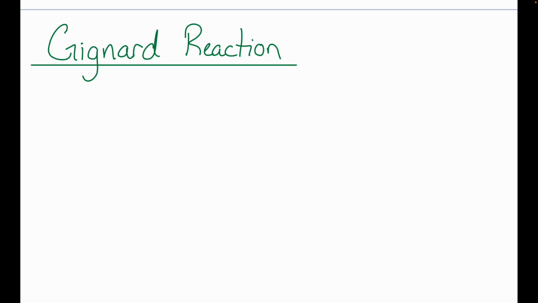This is in our preparation of alcohols section, so we're going to get an alcohol product. But importantly, Grignards are kind of special. We don't have terribly many reactions that create new carbon-carbon bonds, and Grignard is one that does.